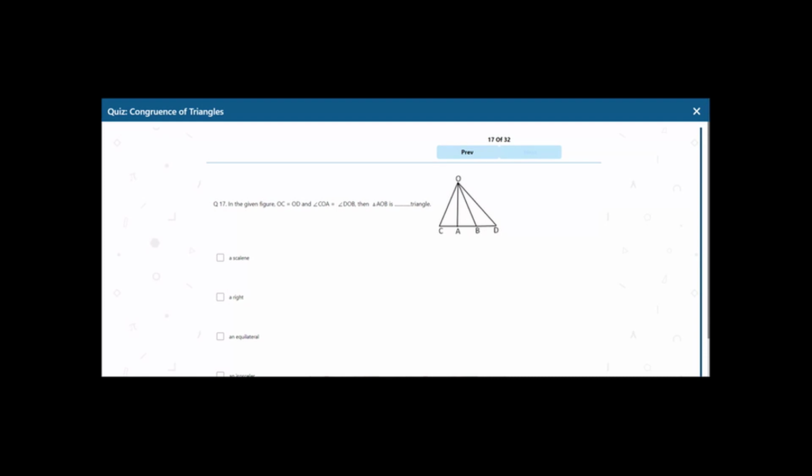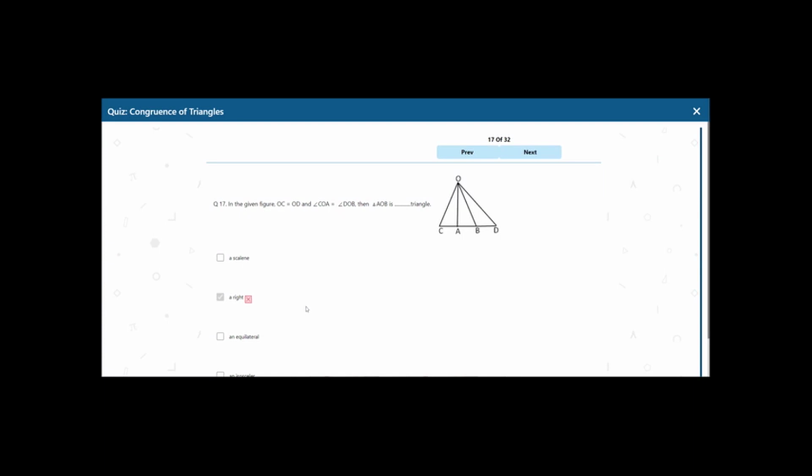How? Angle A is 90? What is your reason? OC equals OD, angle COA equals angle DOB. Then what kind of triangle is AOB? You want to say right angle triangle?